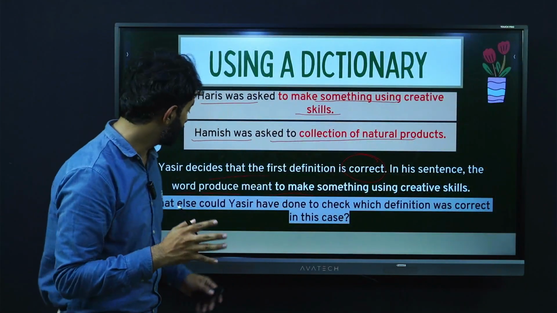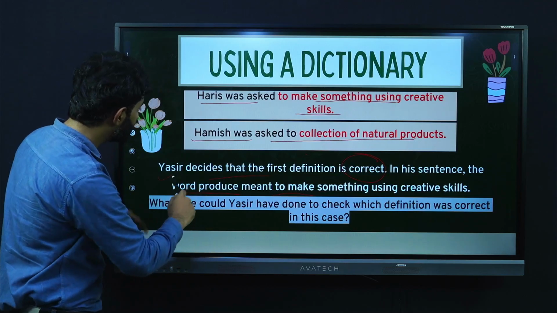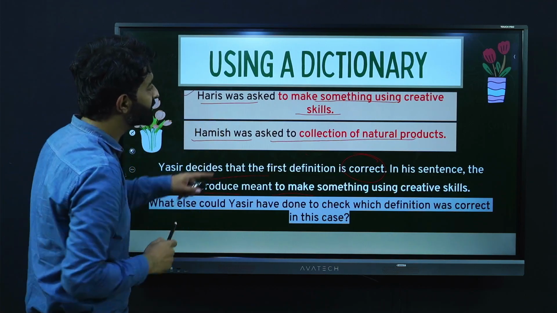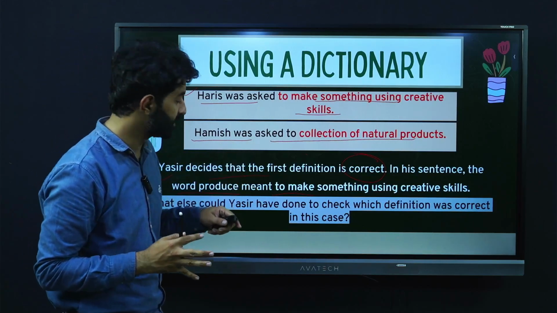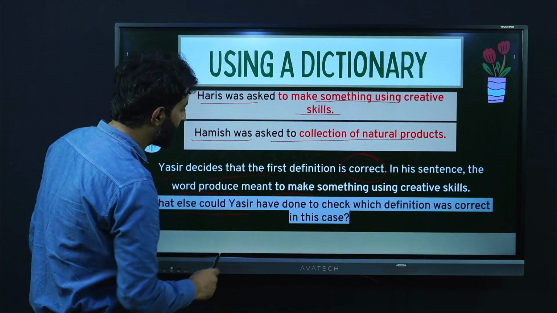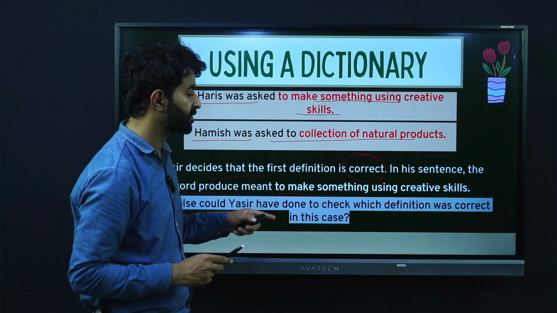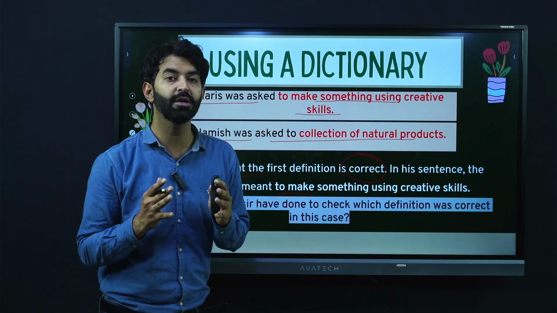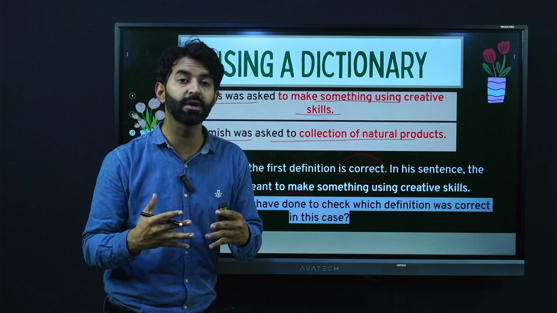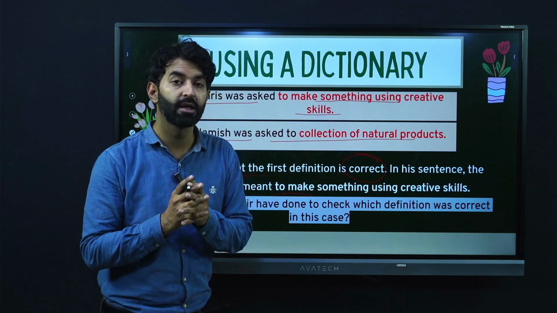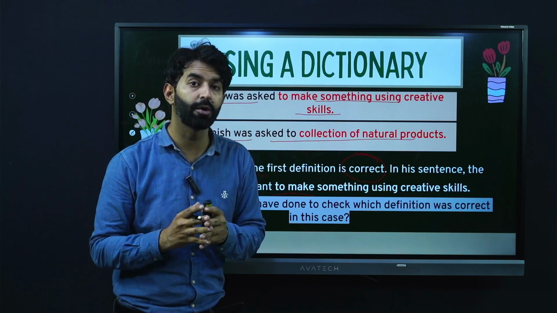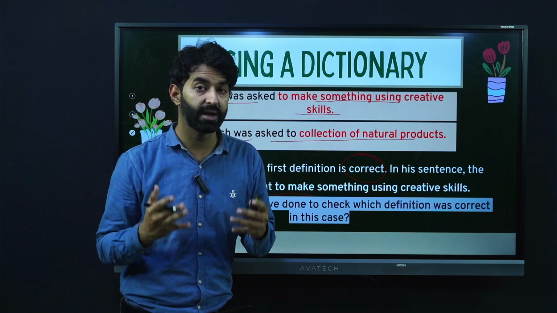So we will use this definition over here. What else could Yasser have done to check which definition was correct in this case? What should be done in order to confirm for the second time that the selected definition or meaning is actually correct?